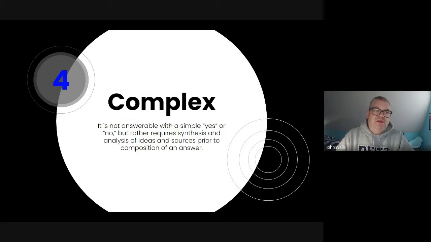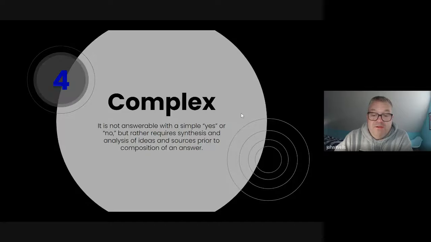It's not just, here's a question, so and so says this, and we're done. Complex means that we have it narrowed down to a specific topic, some specific pieces about that topic, but that we are in a place where we can really dig into it and try to find some information about it, and we can explain what that is and what we mean by that.